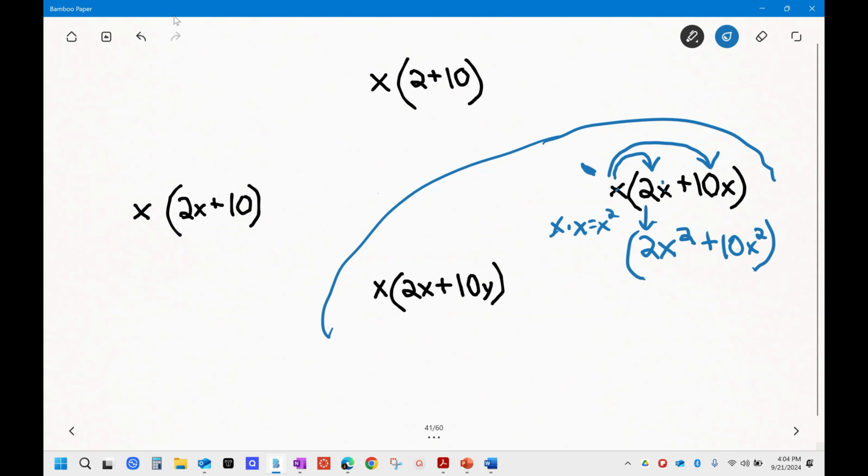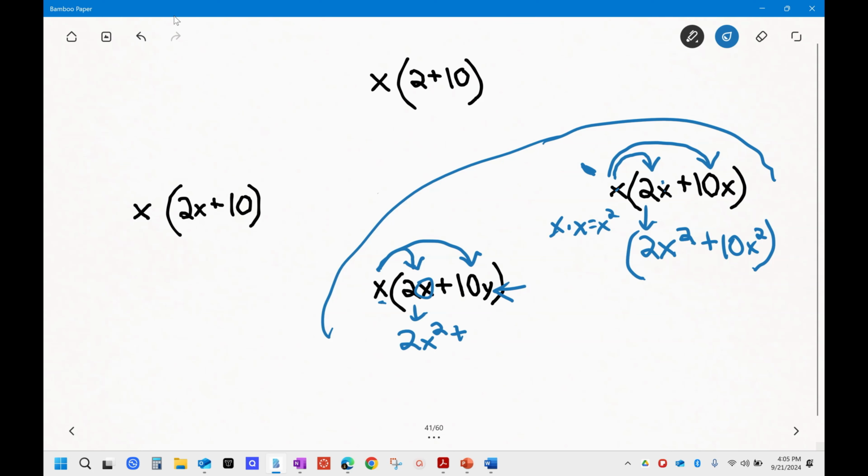Now let's look down here at the bottom. This x into 2x plus 10y. So x times 2x is going to be 2x squared, because see, x times x. But we go over here to the 10y, and there's no x for the x to be multiplying itself by, so there's no x squared. It's just plain old x. But now we have a new joiner, the y.